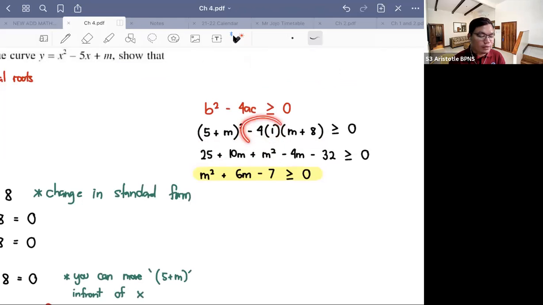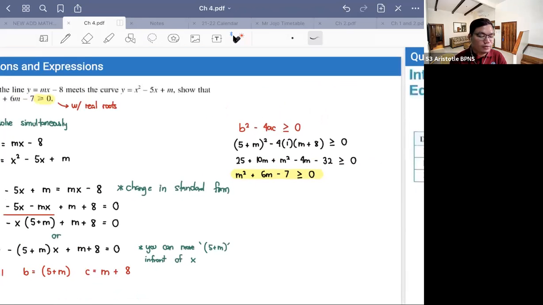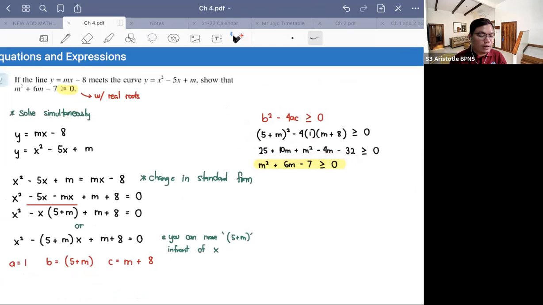Negative 4 times m is negative 4m, and then negative 4 times 8 is negative 32, greater than or equal to 0. So yeah, that's it. After you have simplified this, it's now this one. So we have shown that these two will become this one. All right. Okay. So that's it. So we have shown that.